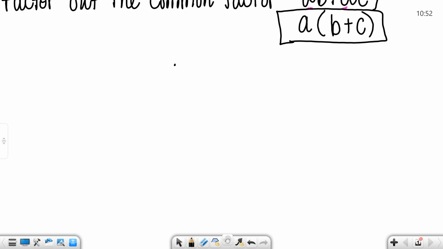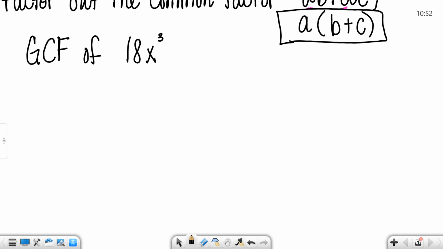Okay, let's go on to doing some greatest common factor, known as the GCF. Let's start with something like 18x cubed and 15x squared.